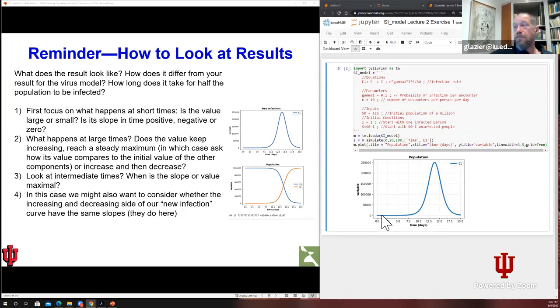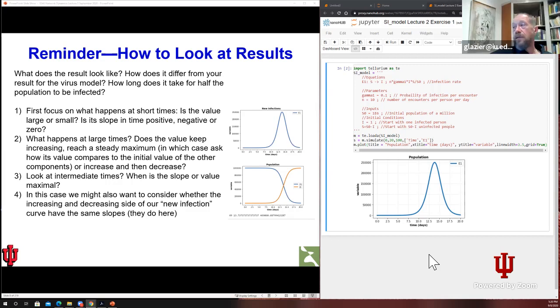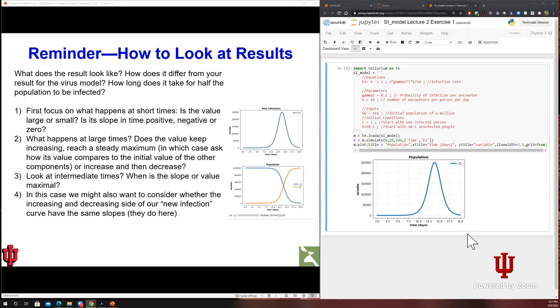And it stays small and 0 for quite a while, for about 7 days before much happens. Then I said the next thing to do is to look at long times. At long times, the value is decreasing, and the final value is essentially 0 again. And that's happening around 20 days.